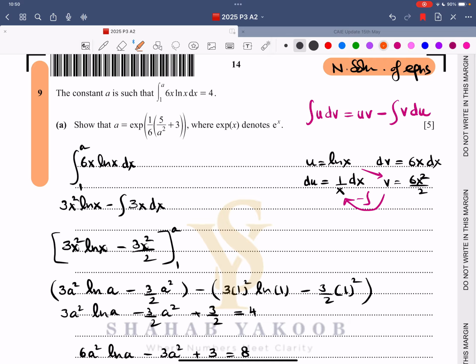So now first of all, when we multiply ln x with 6x square over 2, that is 3x square, and this one is ln x, that is multiplied. And then we are multiplying 3x square into 1 over x, and that comes out to be 3x dx after the multiplication. Yes, the negative sign is still there.